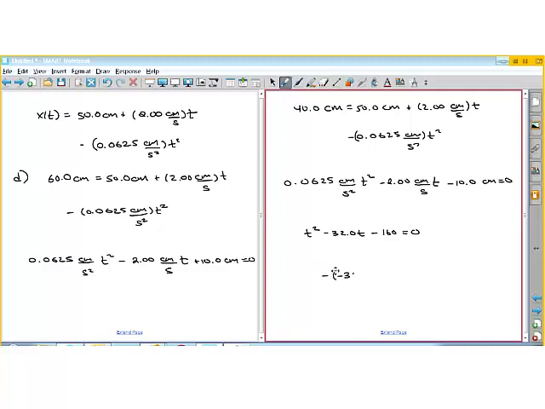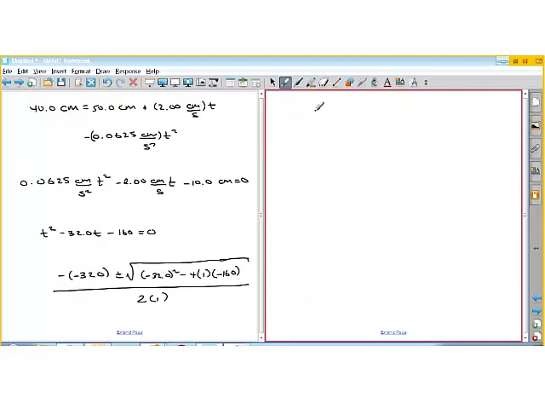If we plug that into the quadratic equation, you get negative b plus or minus the square root of b squared minus 4ac, and this is where the difference comes in. c is negative 160, all divided by 2a. So we have 32 plus or minus the square root of 32 squared plus 4 times 160 instead of minus.